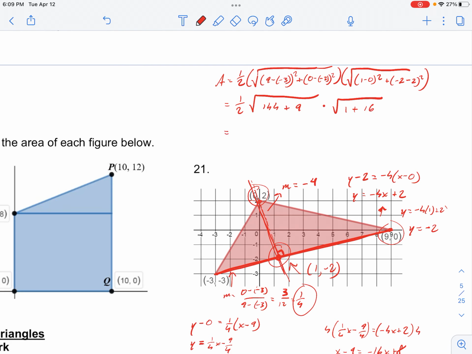And so our area is going to be 1/2 the square root of 153 times the square root of 17. So plugging that into our calculator, we have 153 times 17, taking the square root, is 51/2.